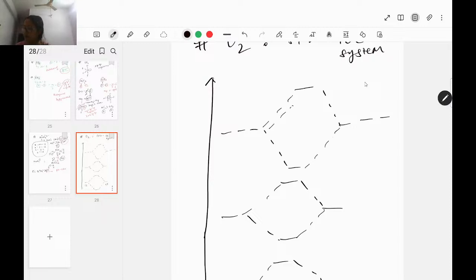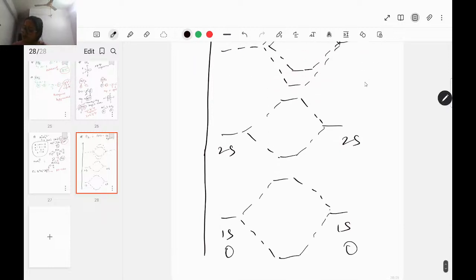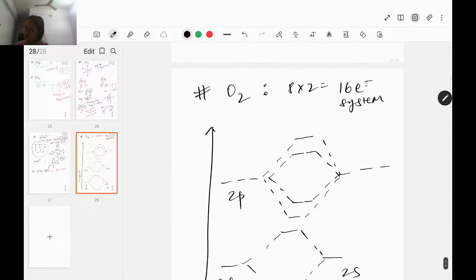The pi orbitals, you can see there is no sp mixing over here. This is the energy coordinate, this is the 2p, this is the 2p, and you can clearly see that the sigma is over here, sigma star is over here. This is pi x, pi y, pi star x, pi star y. Okay. So this is clear to you.